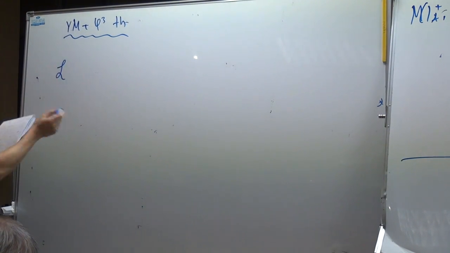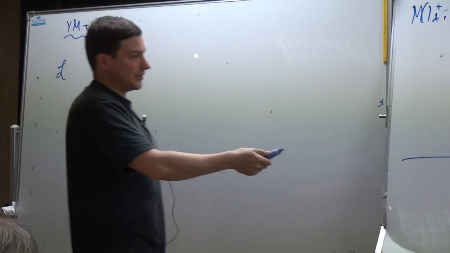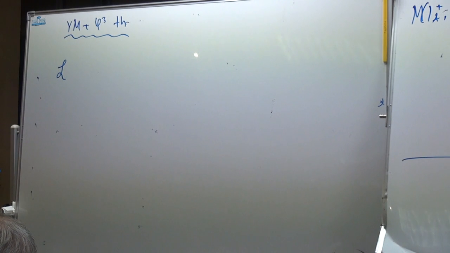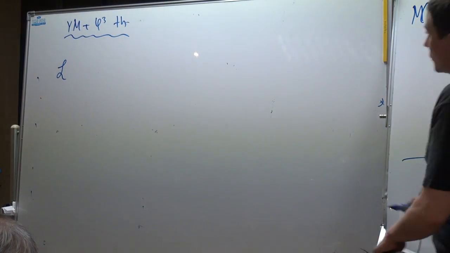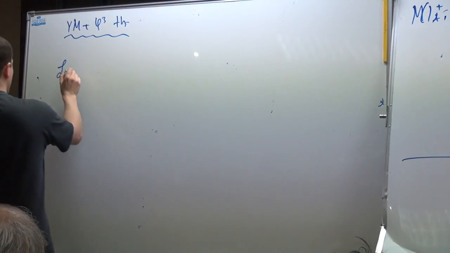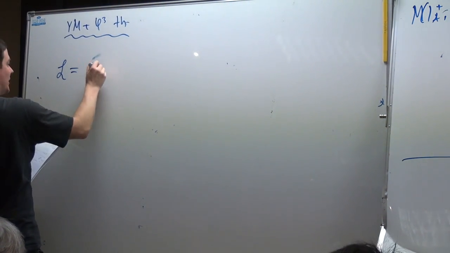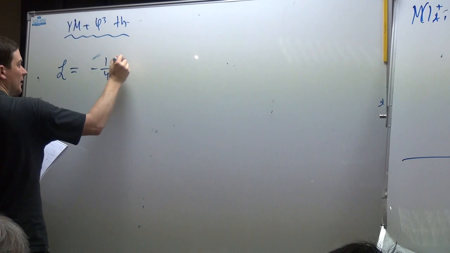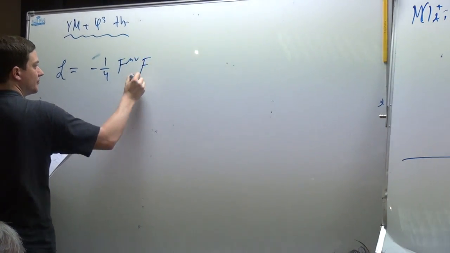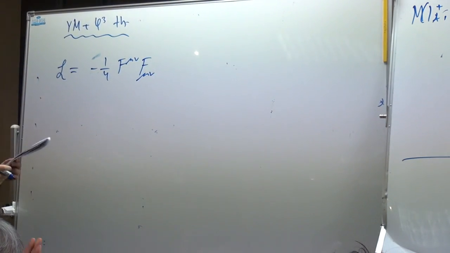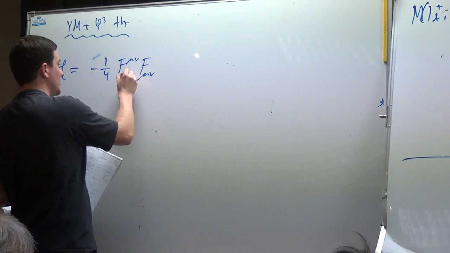So since we have vectors, and clearly the vectors just interact as in the usual Yang-Mills, we assume that we're going to have an F squared term, and some index here.